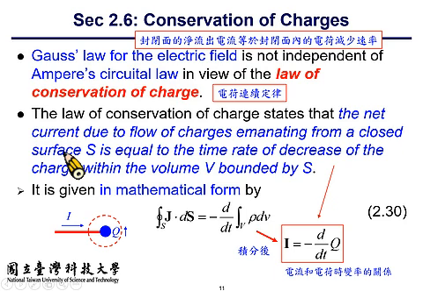So we can express this relationship of this figure in mathematical form. To the left is the surface integral of electrical current density, that is the actual current moving in. And to the right is the minus of the time derivative of electrical charge density, that is the Q accumulated in this region.